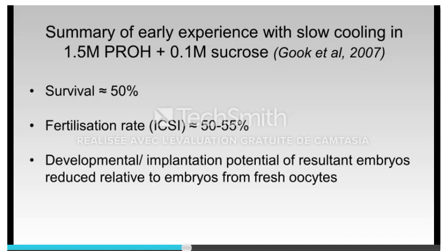Survival was really hovering around 50%, which immediately renders it somewhat unacceptable for consideration unless there was no alternative. Fertilisation rates seem to be compromised relative to fresh material, although no really good controlled studies are available. And more worryingly, the developmental and implantation potential of those resultant embryos appeared to be reduced relative to those achievable with fresh oocytes.